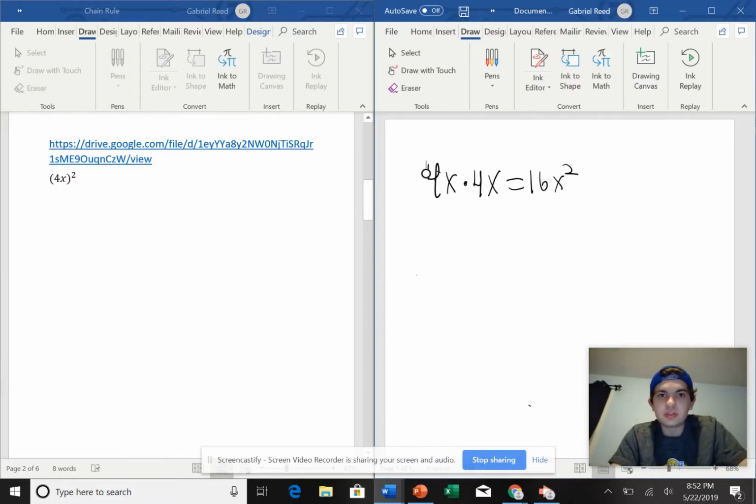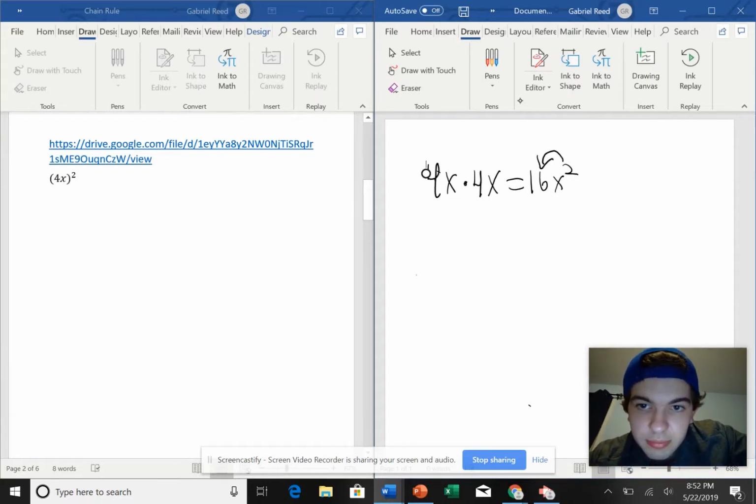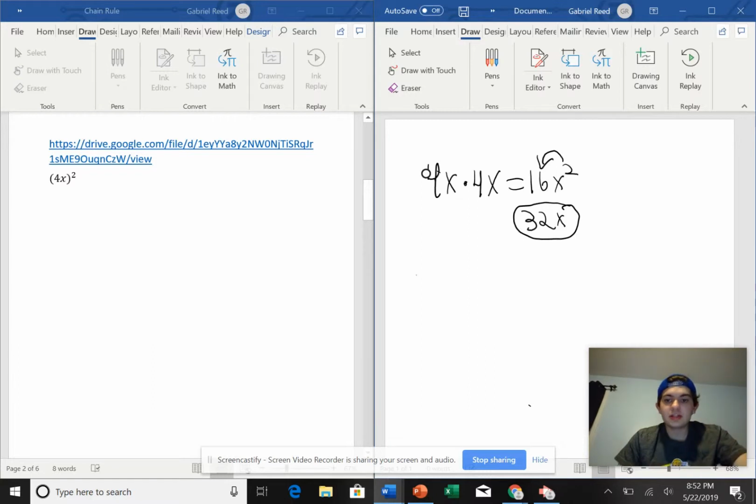Then we would just use the power rule, so we would multiply the 2 by 16, and that would be 32x as our solution. That's just by using what we know from algebra and a tiny bit of calculus.